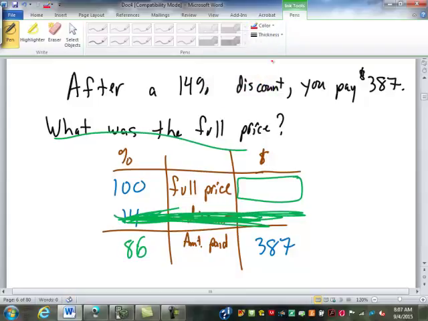And I'm going to cross multiply 100 times 387 divided by 86 is $450. What do you think? Not horrible?